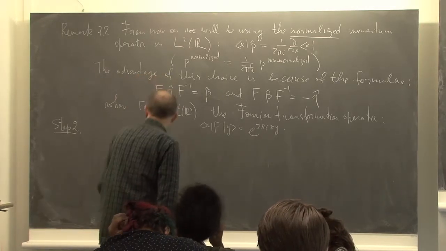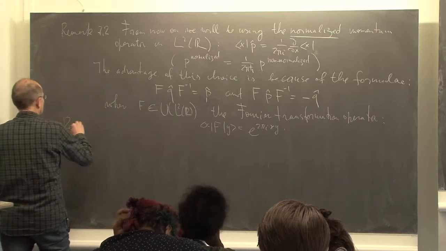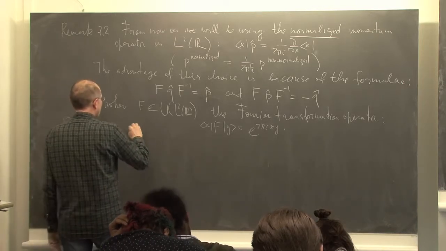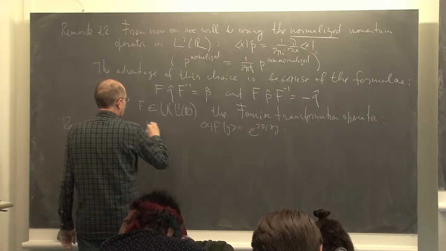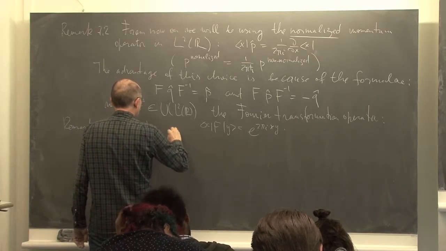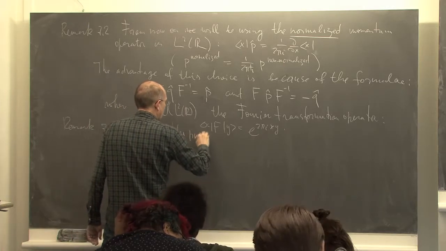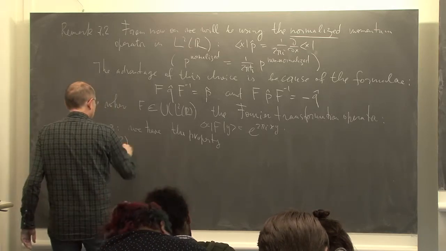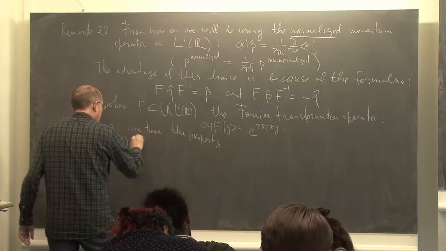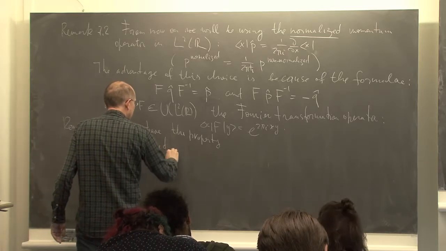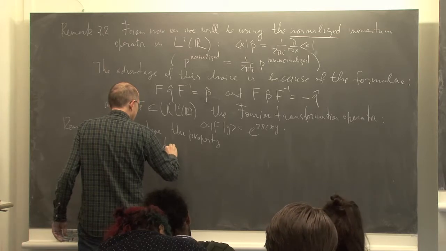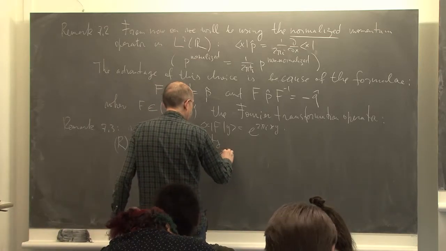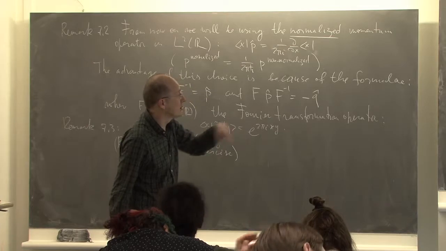Yeah, maybe I'll make it anyway. So remark 7.3. We have the property that R_ħ to the power 3 is the identity operator on V_ħ, and this will be an exercise: a simple exercise of applying this transformation 3 times.